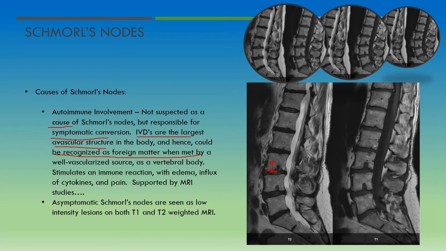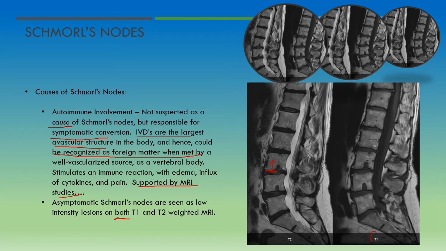And this particular theory of autoimmune involvement in symptomatic conversion of Schmorl's nodes is supported by some MRI studies. We're going to go over a couple of MRI pictures here, which reveal that asymptomatic Schmorl's nodes are seen as low-intensity lesions on both T1 and T2 weighted MRI.